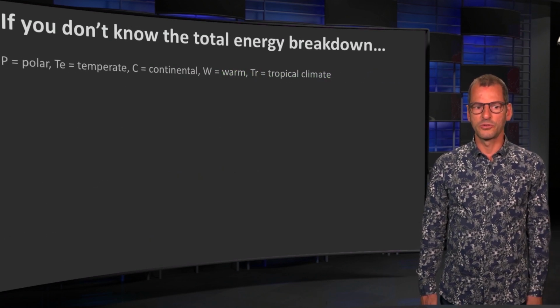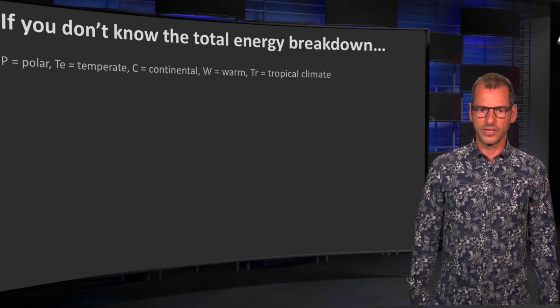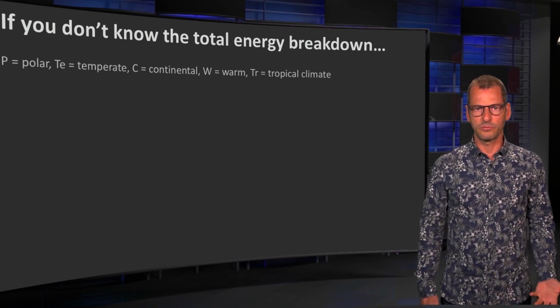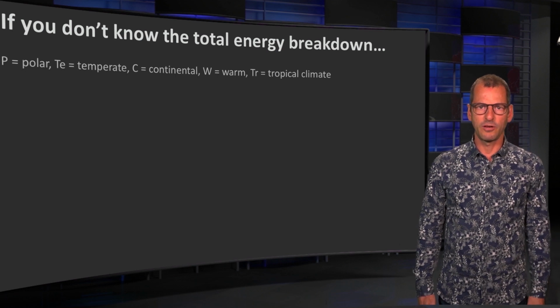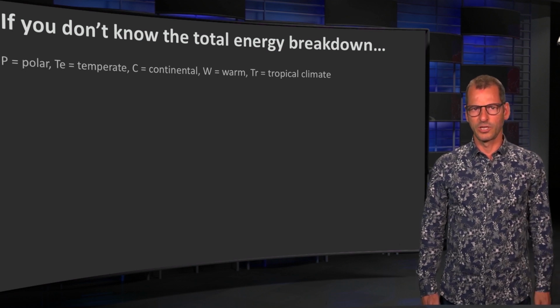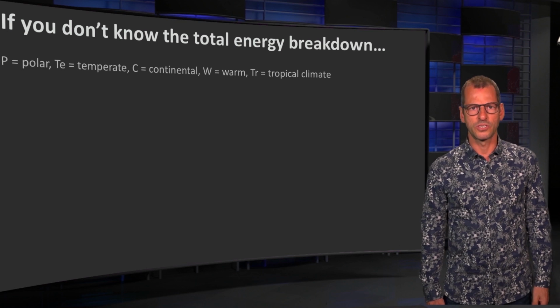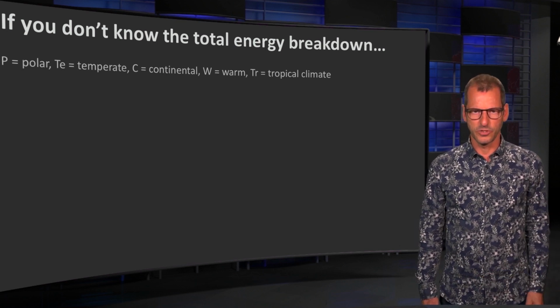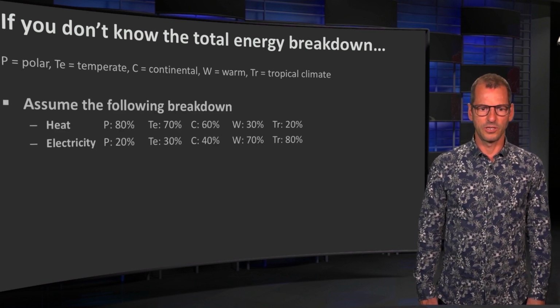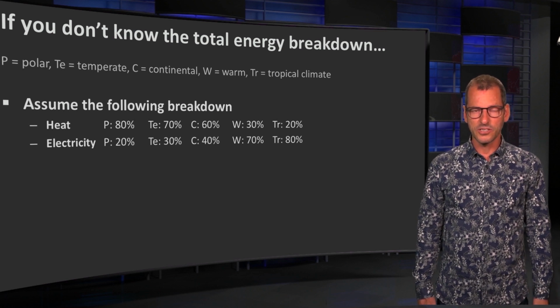Now, there's an option, of course, that you don't know the total energy breakdown, which I hope you don't, but it is possible. Then we have to look at the different climates, and I only took 5 main climates now, but it's just as an estimate to see what might be the division. In that case, I would assume this.